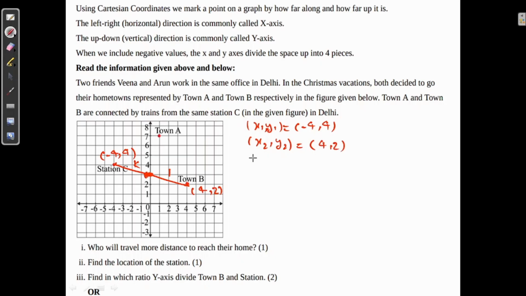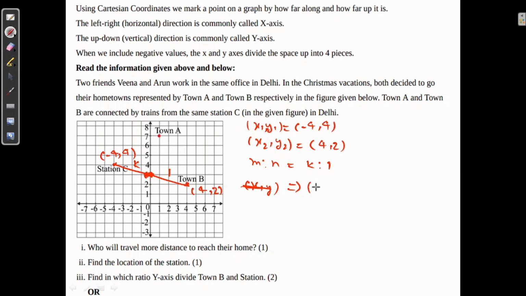Okay, one more important point, the ratio. This ratio I have taken as k is to 1, and the dividing point I would normally take as x comma y. But here I am not going to take it as x comma y. Why? Just try to think. They are divided by the y-axis. On the y-axis, the value of x is always 0.